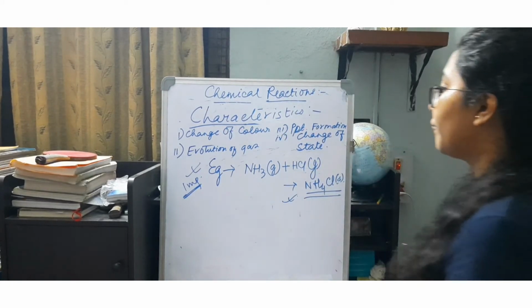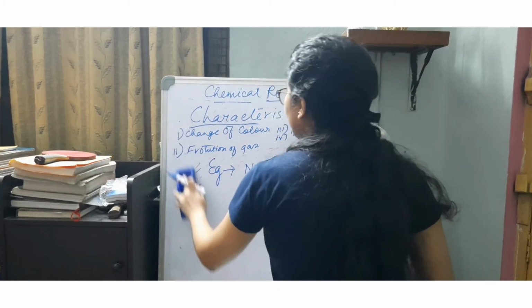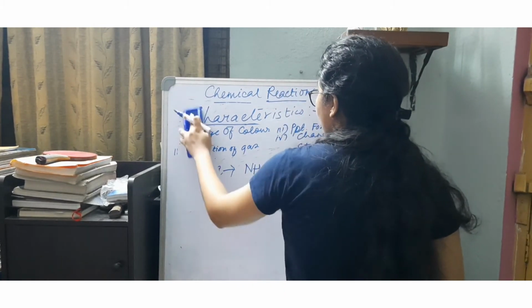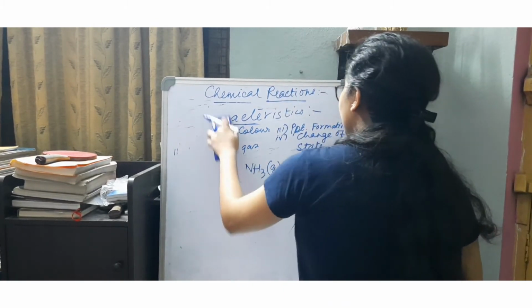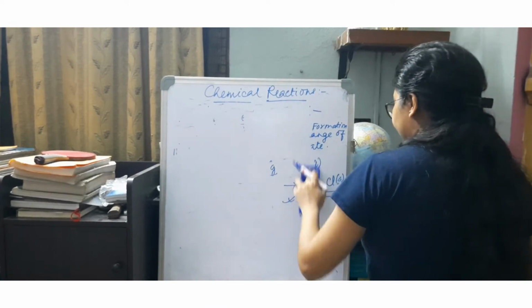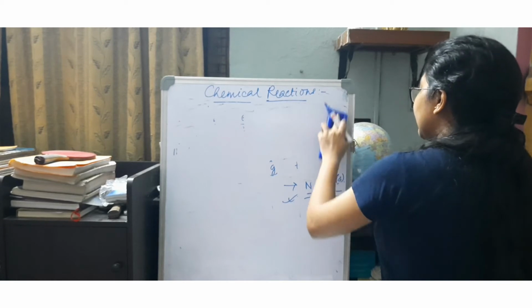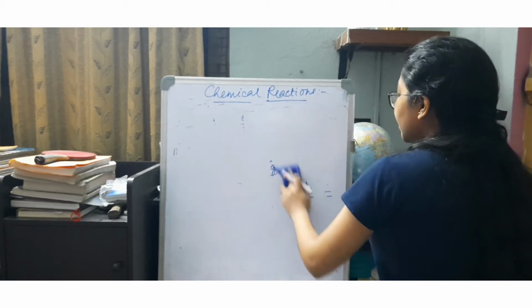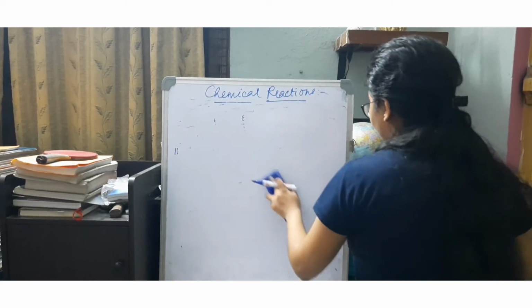Now moving forward to the types of reactions. When we say types, there are in general 4 types of chemical reactions. Okay, so what are the different 4 types of chemical reactions?